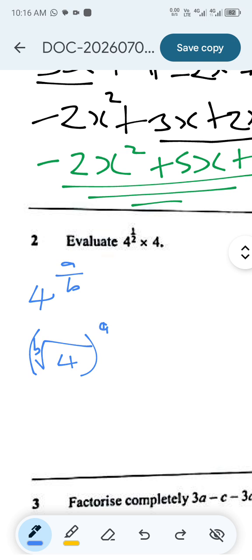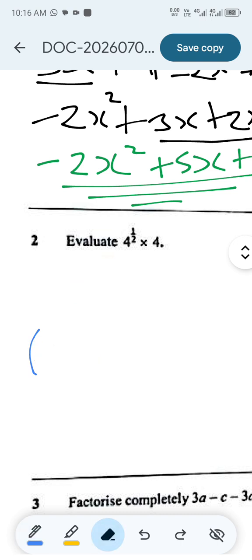So what does this mean? B is going to be our root, and then a is going to be the number that we multiply everything in the bracket by. What I'm trying to explain here is this.